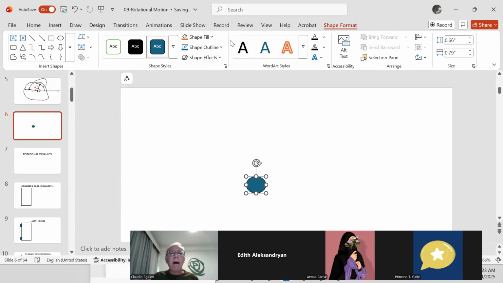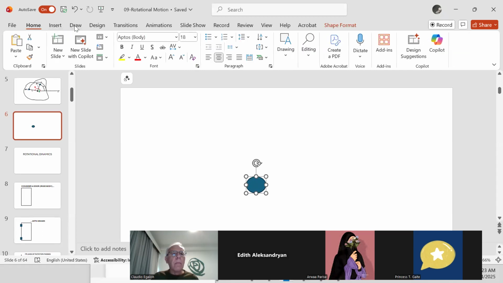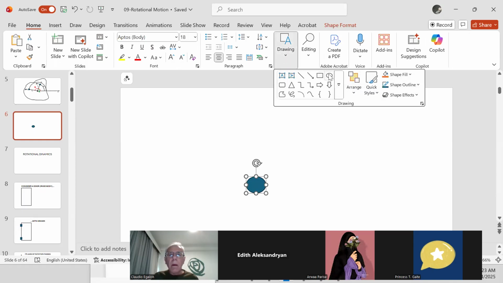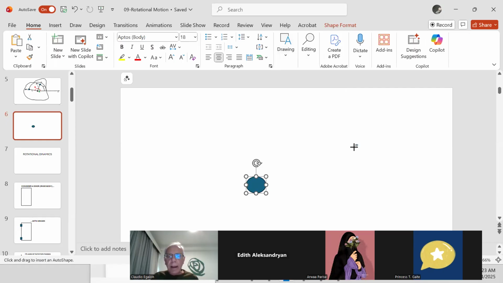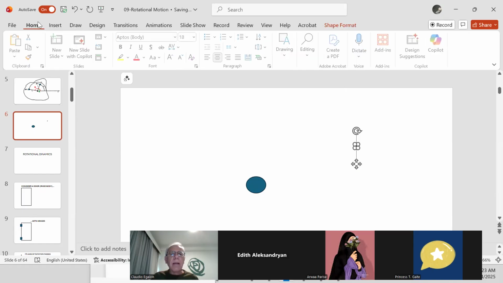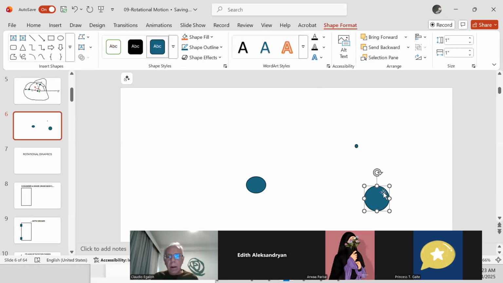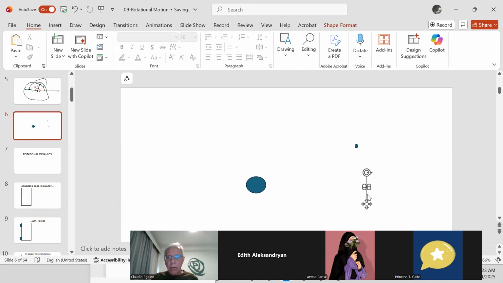We have one satellite here, another satellite here. They're both at the same distance, and their angle is 2 degrees.